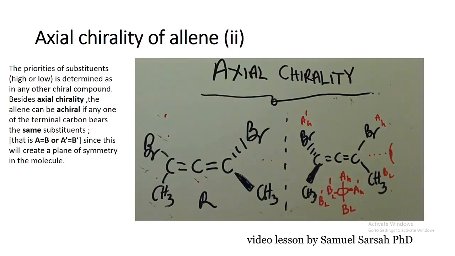Now the L and H stand for lower priority and higher priority on each specific carbon. I started with these groups, the A and B groups, which are up and down here. So I need to start from the lower priority in that group and go towards the higher priority of the other group.